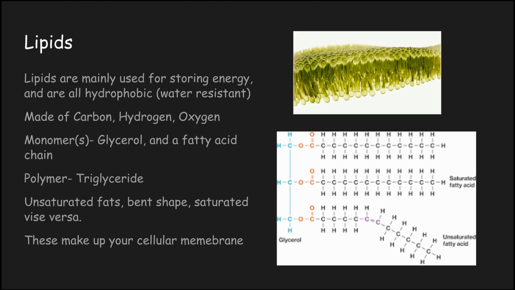It's easy to break apart. So next time you go to the grocery store, now you know, or maybe you already know, and for that, I applaud you. You're smart. Give yourself a chocolate sundae. I don't know. But another thing to note is these make up your cellular membrane. The top picture here is kind of a drawing visual of that.